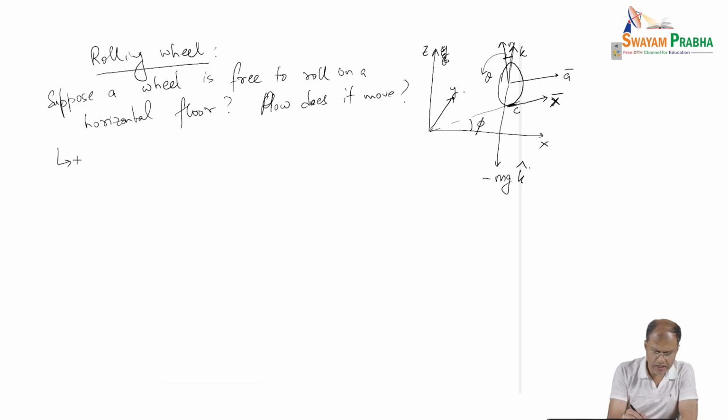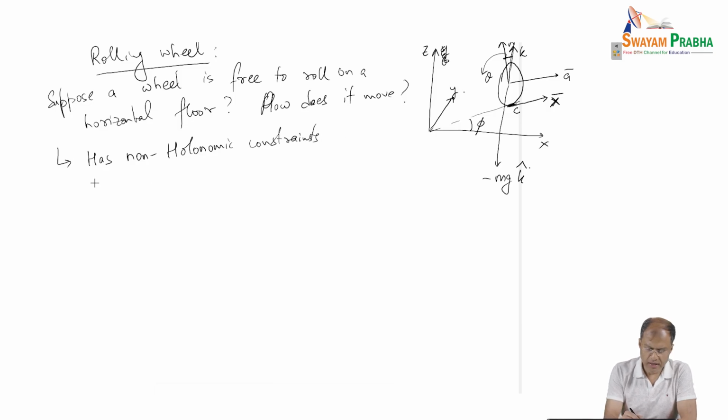What I just said is that the motion of the wheel has non-holonomic constraints in the language of calculus of variations, which means that it cannot be solved using the Lagrangian method.